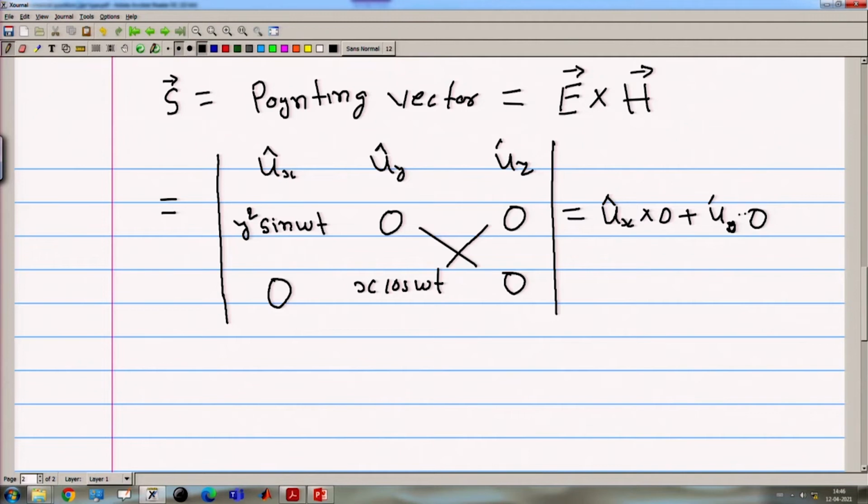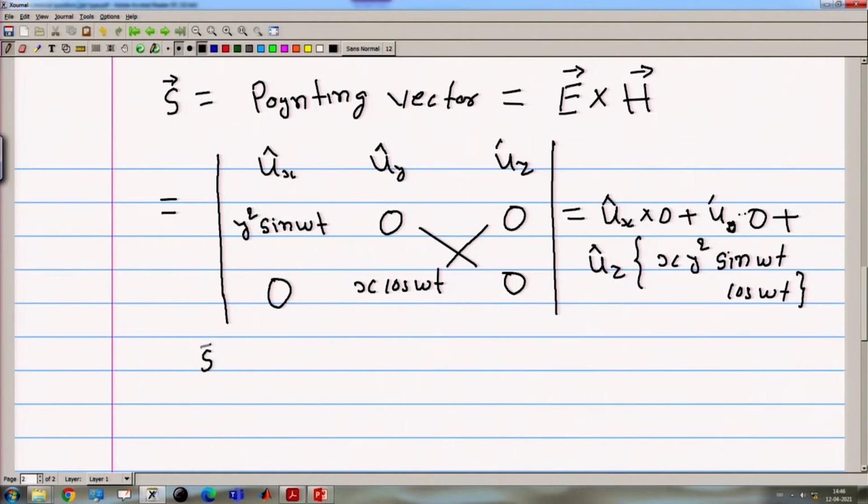In the next part, U z will be plus U z, and inside it will come x by a square sin omega t into cos omega t minus 0. So, here it will be x by a square sin omega t cos omega t. This is the total Poynting vector.